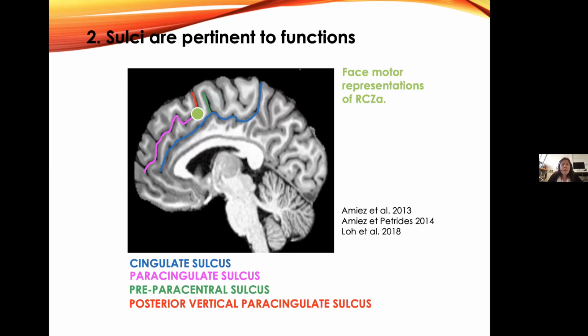Here is an example concerning the medial frontal cortex, where what we have seen with fMRI in humans is that the face motor representation of the cingulate motor area can always be seen at the same sulcal landmark location, which is at the intersection with this vertical sulcus here, called the posterior vertical paracingulate sulcus, and the paracingulate sulcus when it's present. But if there is no paracingulate sulcus, it's located at the intersection of this vertical sulcus and the cingulate sulcus. And it's true in all brains, in all hemispheres.